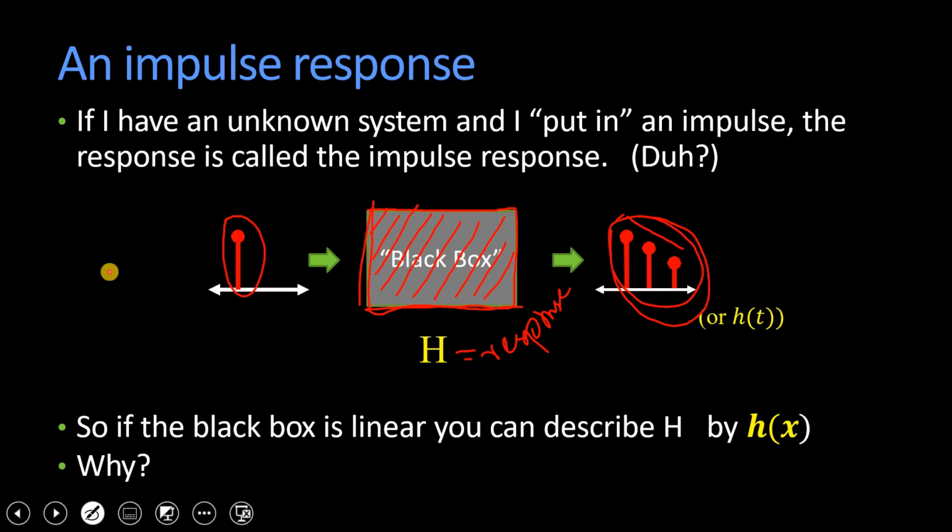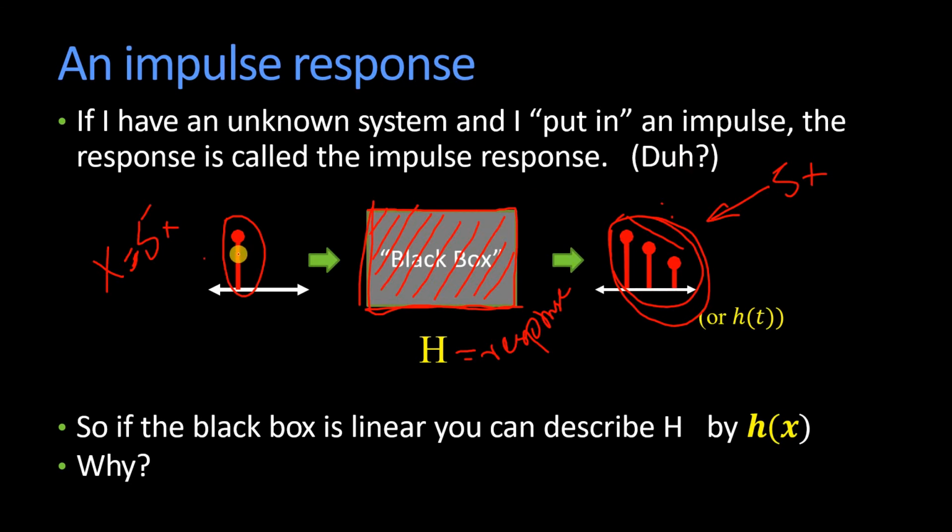Whenever you give some other input, for example, you give a value 5, it is just like you multiply 5 with impulse. The output will be 5 times that response. Let me give you an example.